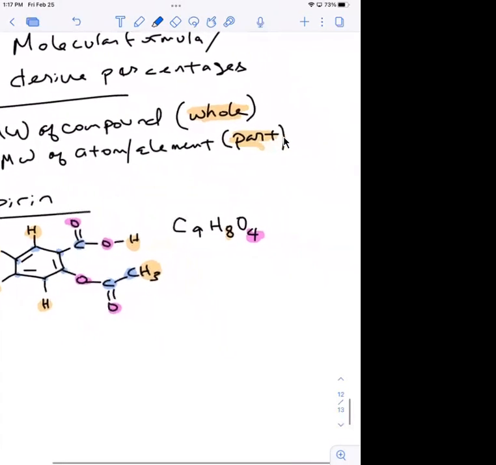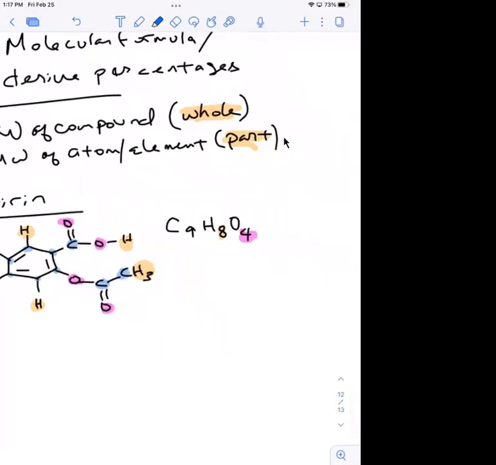So in order to calculate the molecular weight for this compound, what do we need to do? How do we calculate formula weight or molecular weight the other day when we first started talking about this on Monday? What do we do?